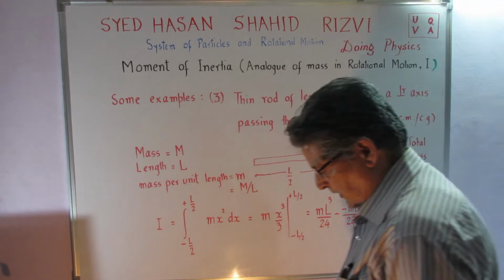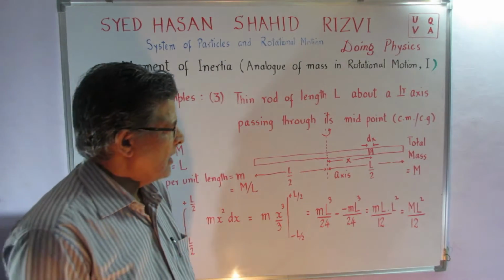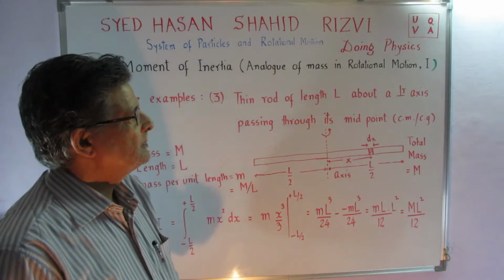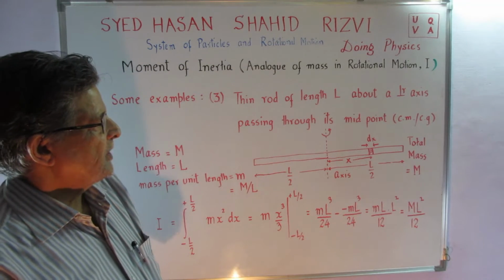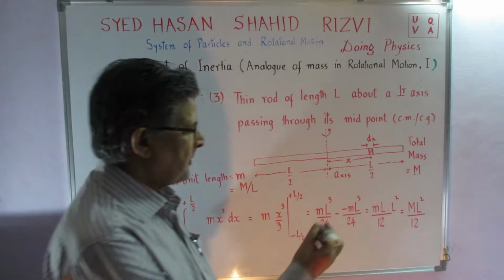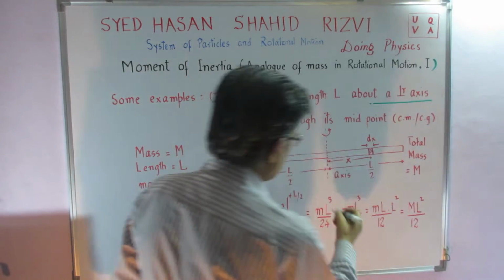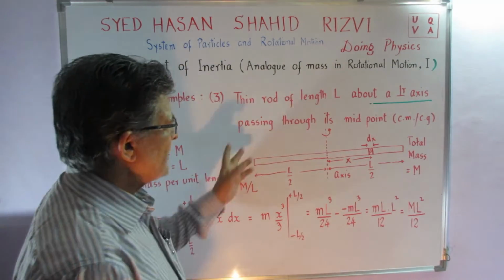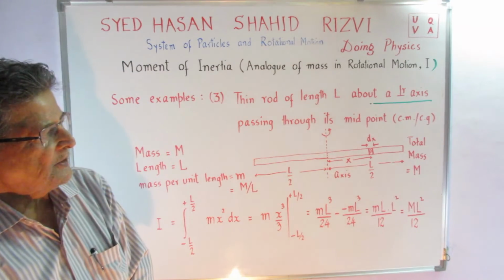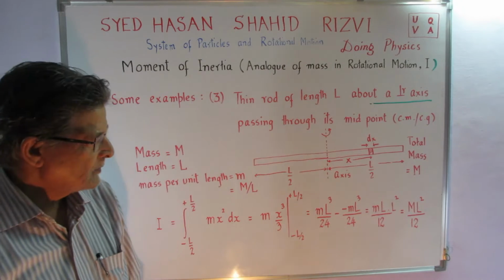Again a very simple example, that of a thin rod, homogeneous and having the same density all over, about a perpendicular axis, which I have shown here, passing through its midpoint, which will also be its center of mass, or you can say its center of gravity.